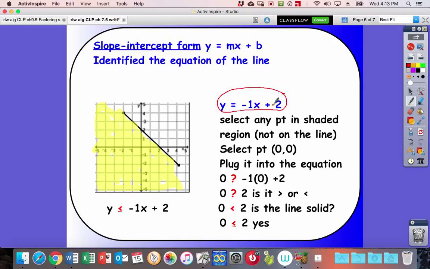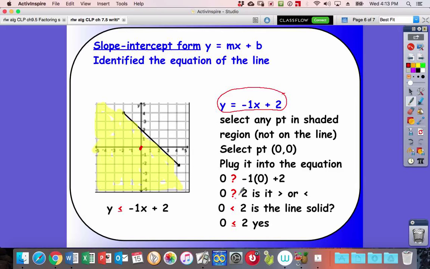Now I select any point in the shaded region. I'm going to pick (0, 0) and plug it into the equation up here. If y is 0, I don't know what the inequality is yet, that's what I'm trying to figure out. It's equal to -1 times x, which is 0, plus 2, so 0 plus 2.